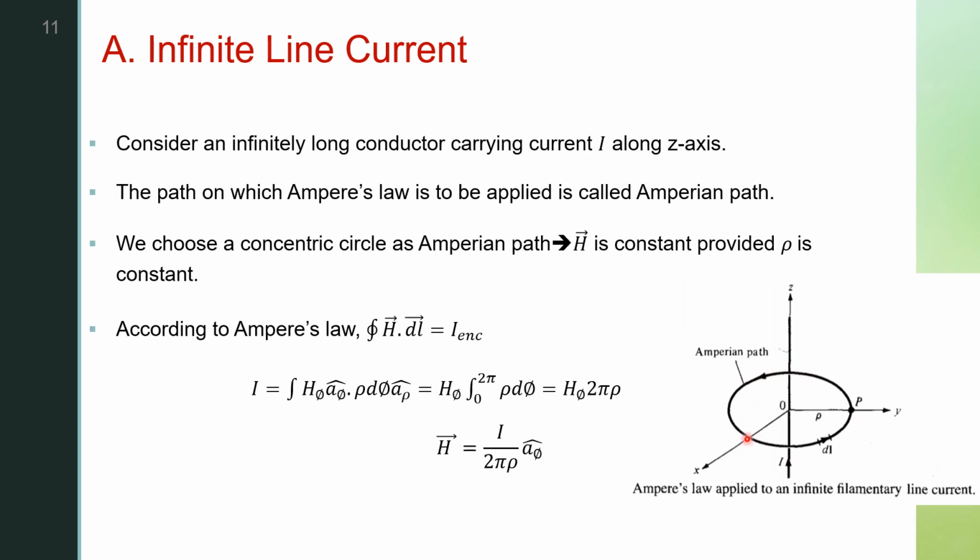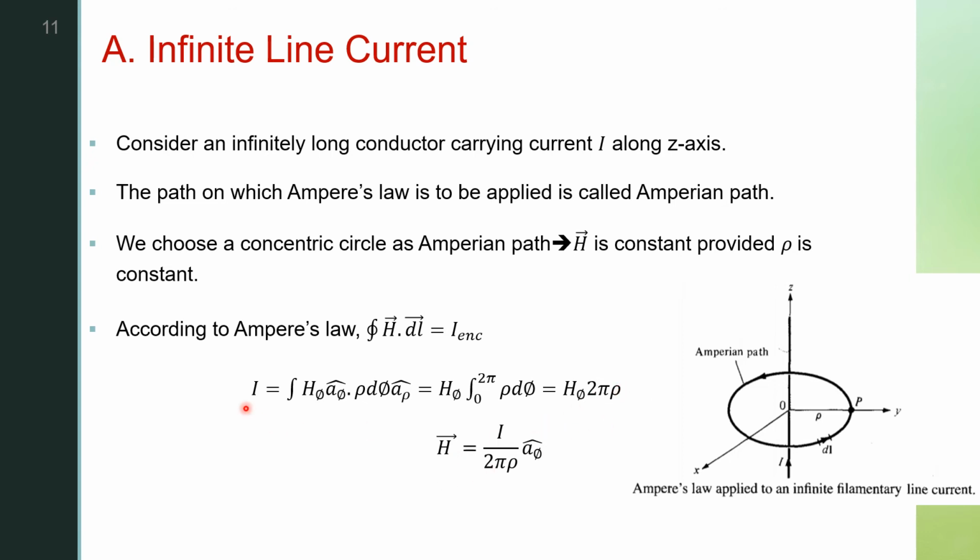So H is H phi a phi dot dl, where dl is equal to rho d phi a phi, where a phi and a rho are the unit vectors: a phi is the unit vector along the phi direction and a rho is the unit vector along the rho direction. Simplify this, you will get H phi integral 0 to 2 pi rho d phi, that is equal to H phi 2 pi rho.